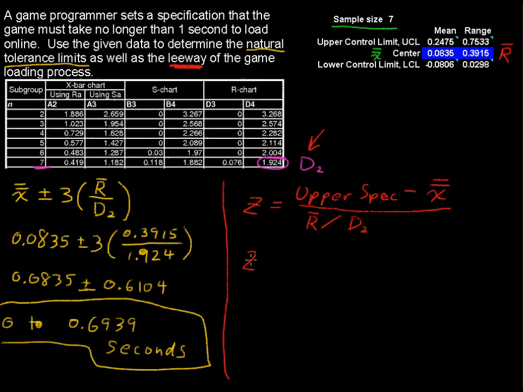So plugging all of that in, we get z equals 1, that's the upper specification, 1 second, minus the mean of the means, 0.0835, over the mean of the ranges, 0.3915, divided by d sub 2, which is 1.924.